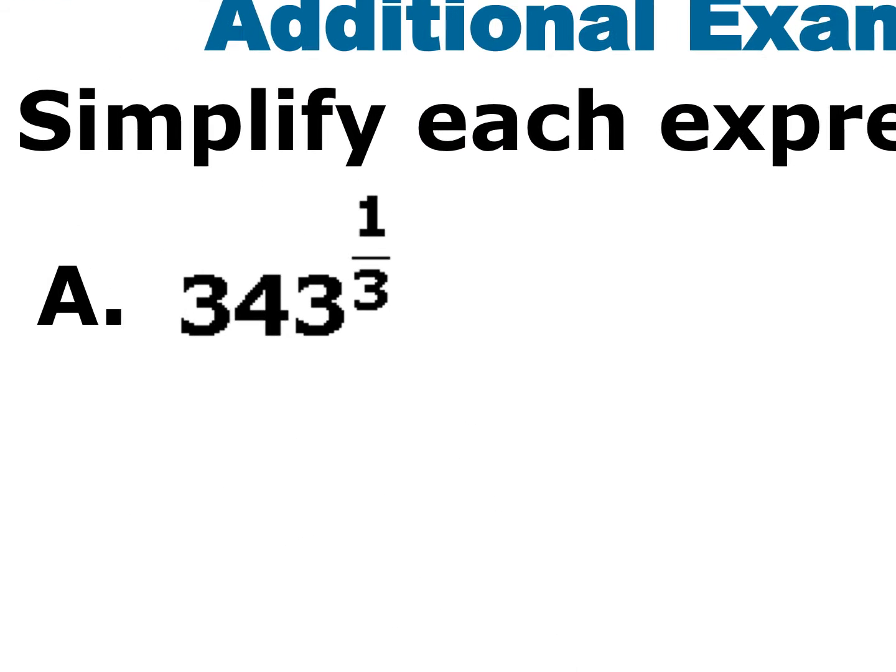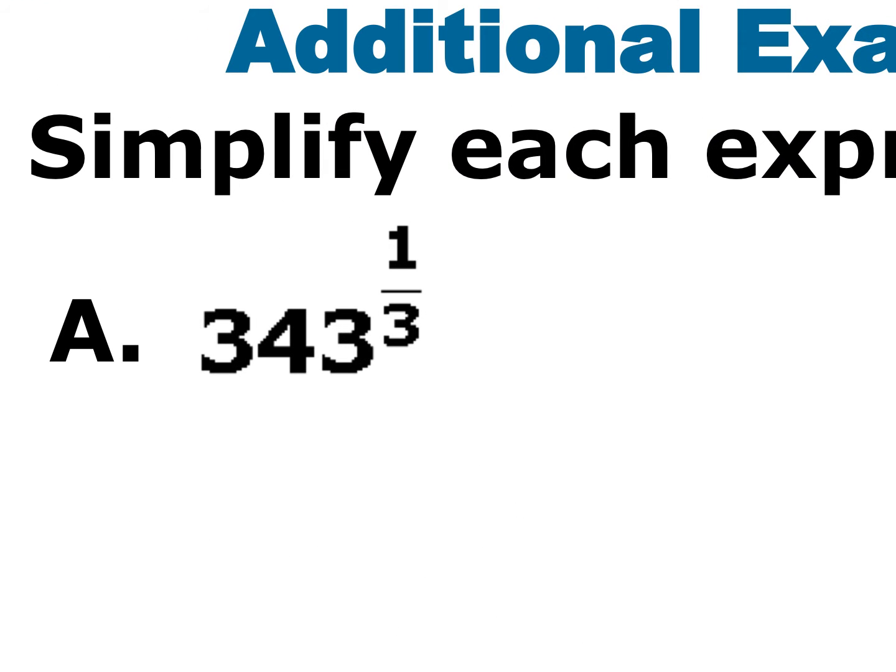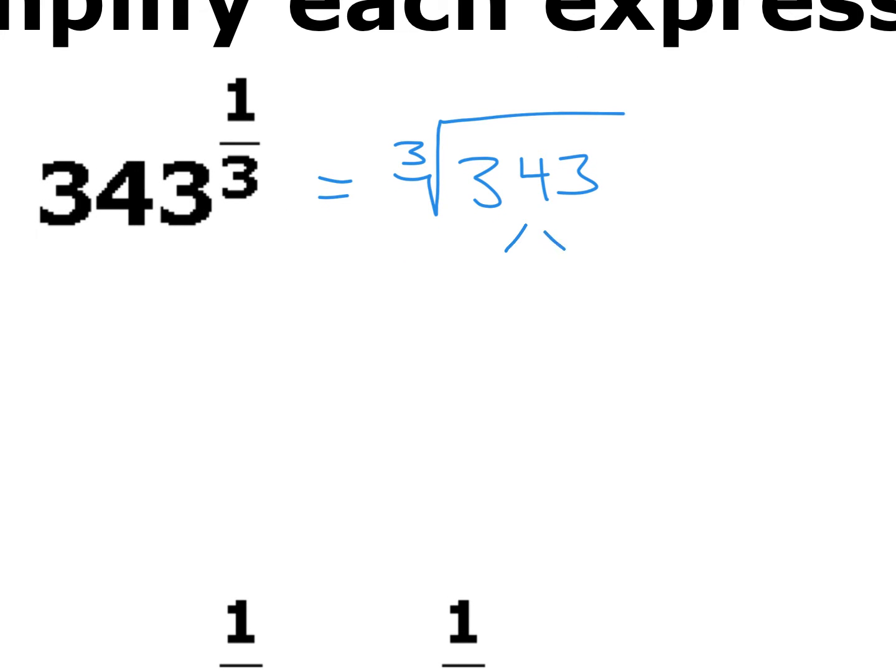So looking at example A, we have 343 to the 1/3 power. So this is the same thing as saying the cubed root of 343. Anybody know what any factors of 343 are? Take a guess. What do you think?